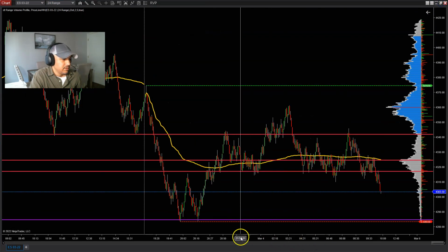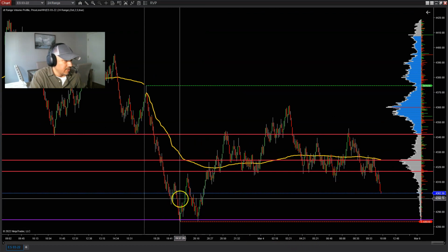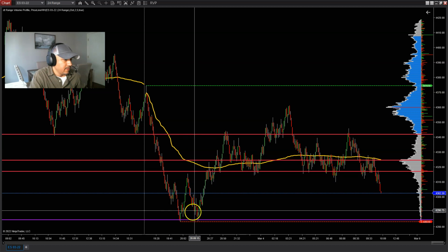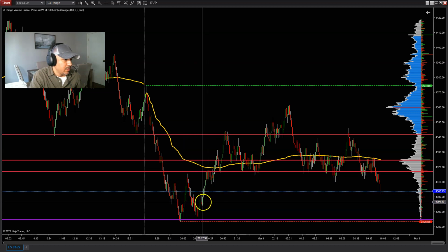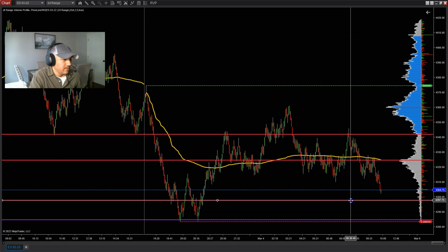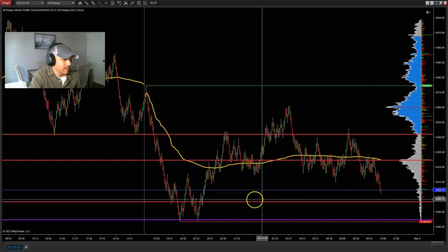So I think I marked this area. Did I mark this area? Let's see. No, hold on a second, guys. Yeah, right here. Let's see something. I'm gonna mark this area right here. Okay.